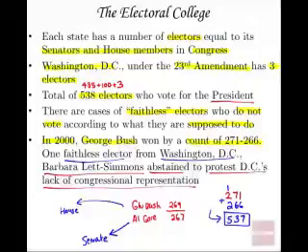What if we had George Bush as president and Joseph Lieberman as the vice president, or conversely, Al Gore as president and Dick Cheney as vice president? That would have made for some interesting politics. But fortunately, or unfortunately, depending on your perspective, that didn't happen. So again, this poses a problem in our system because we can have these faithless electors and they can influence the outcome of the election.